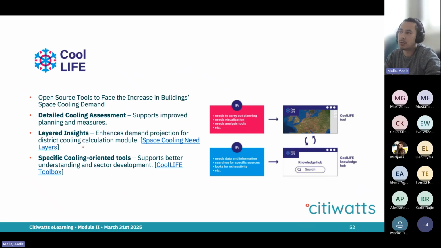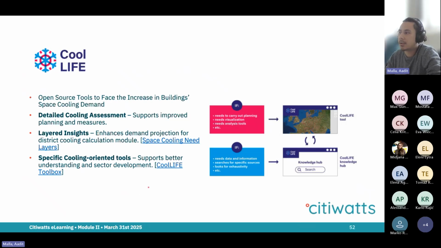I have provided the links to these raster layers, and as a user, you could download these layers and upload them into your profile in CitiWatts, and then use these layers to assess district cooling so you can better analyze, let's say, how district cooling potential would look like in the future. And there are other dedicated cooling related calculation modules available within Cool Life, which could be used for further assessment of specific cooling related planning.